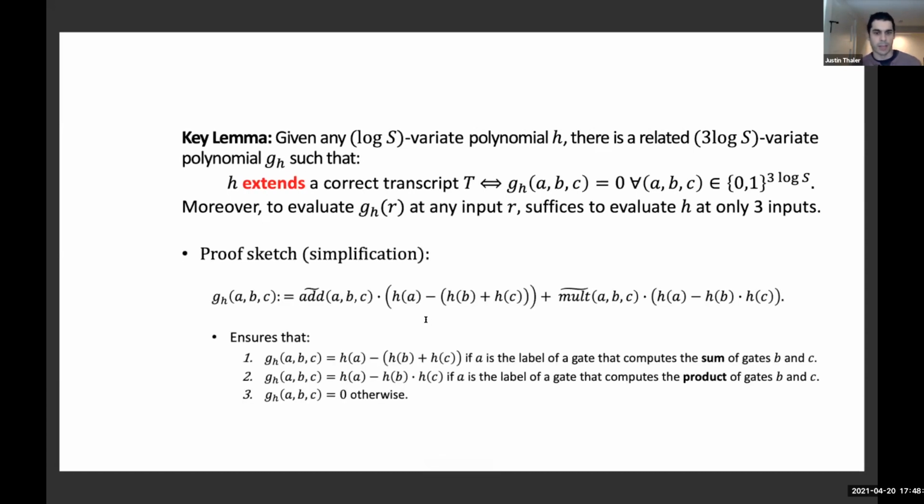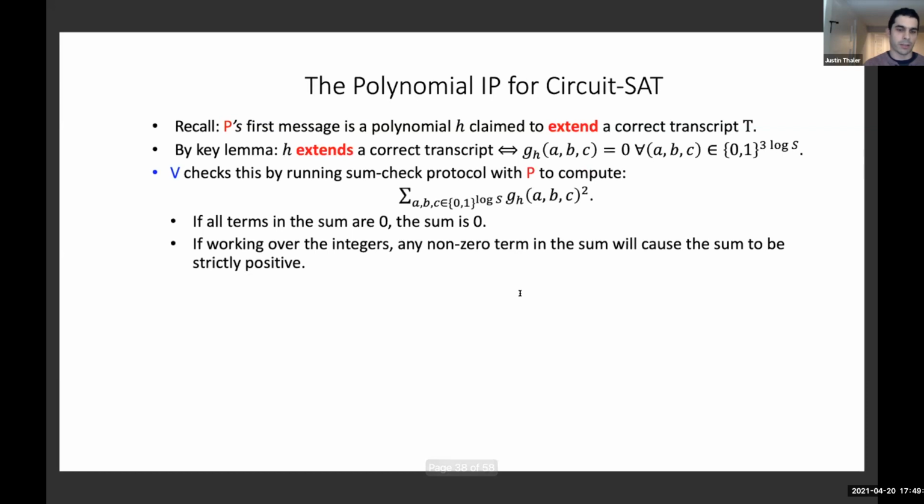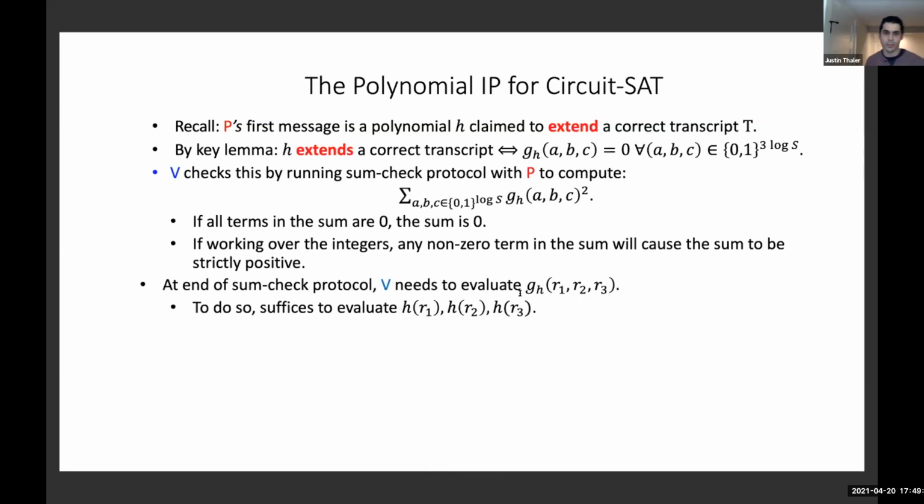So I'm not going to tell you exactly how G sub H is constructed, but I'm just flashing it up on the slide. And you can see that to evaluate G sub H at one input A, B, C, it's enough to evaluate H at the 3 inputs A, B, and C. Okay, so here's the polynomial IP now. Again, the prover's first message just specifies this polynomial H claimed to extend a correct transcript.